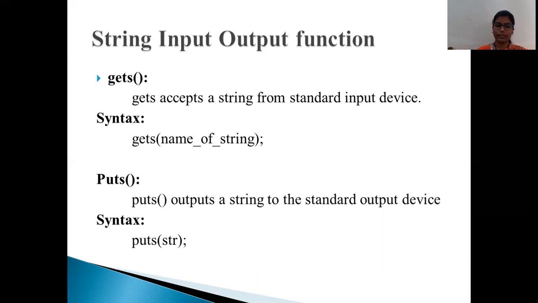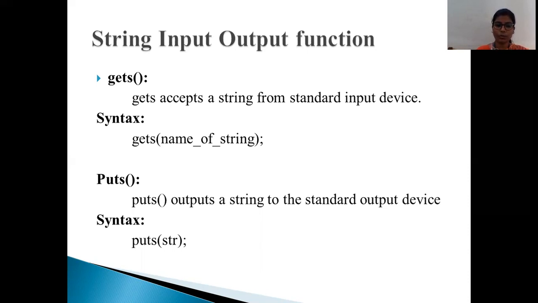Syntax is gets in brackets, name of a string, bracket complete, semicolon. The syntax is the same as putchar or getchar, but there is one difference. Here we use gets to accept a string from the user. This is an input function.